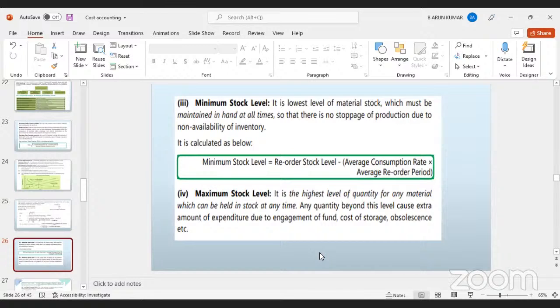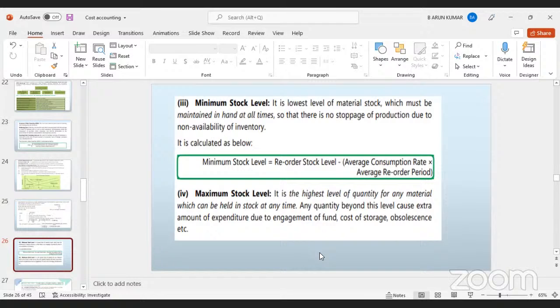Then we come to the next level, that is minimum stock level. Minimum stock level is the lowest level of material stock which must be maintained in hand at all times, so that there is no stoppage of production due to non-availability of inventory. Up to this level, we manage the production.